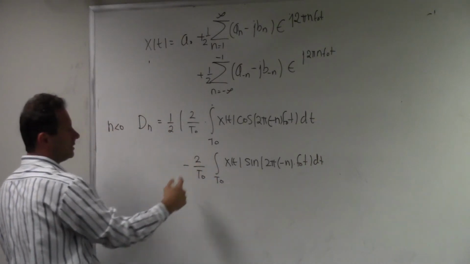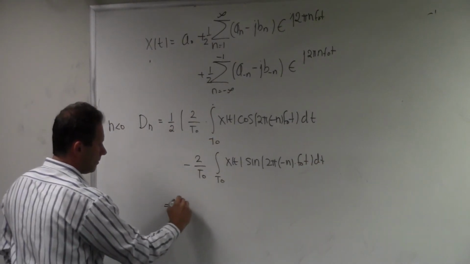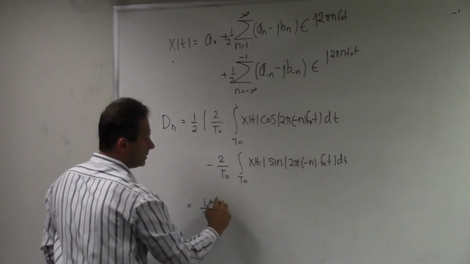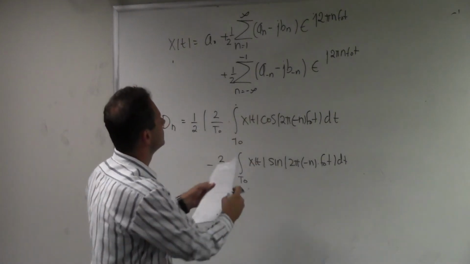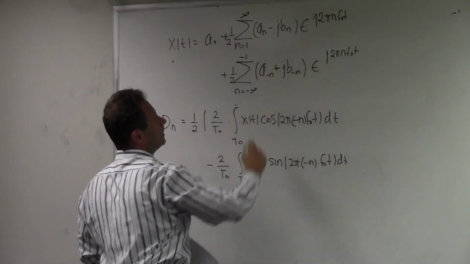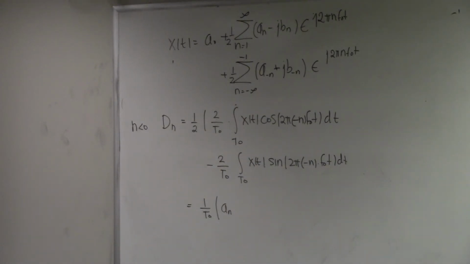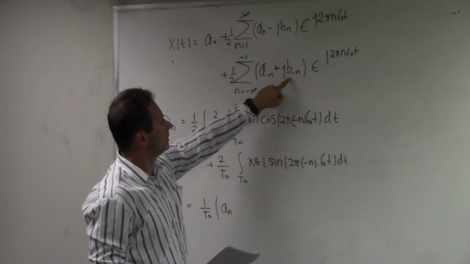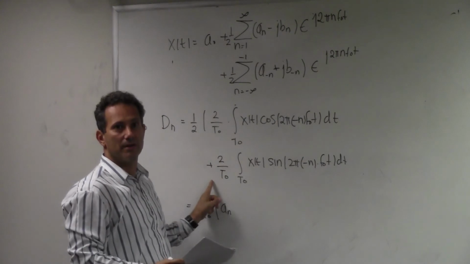And then you can see that in this case, this ends up being the same as 1 over t0. A of minus n is an. And then, sorry, this was plus, right? Plus from here, and then there's plus here. And then b of minus n is minus b of n, right?